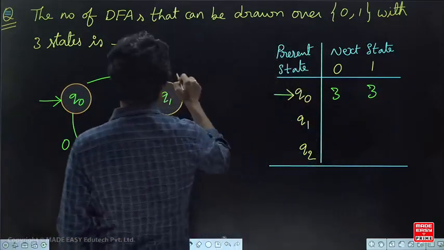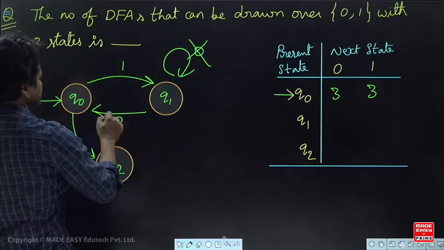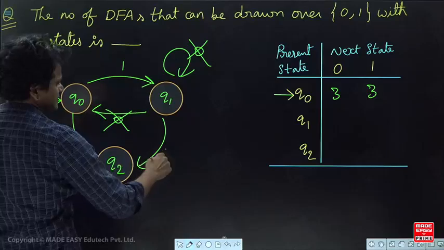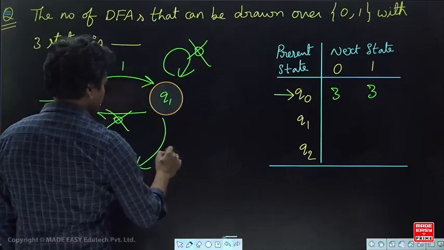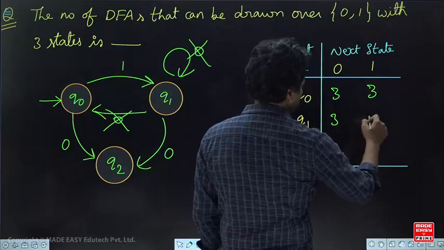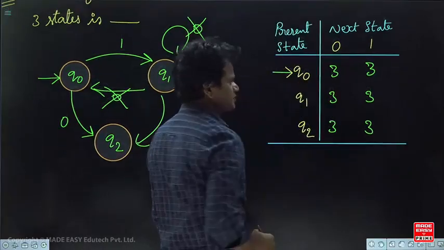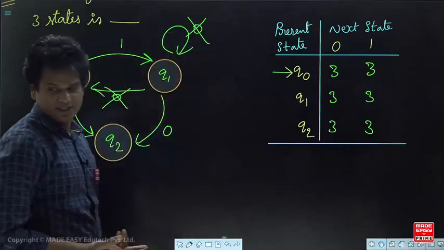Similarly, Q1 on 0, three options. Similarly, Q1 on 1, three options. Q2 on 0, three options. Q2 on 1, three options.